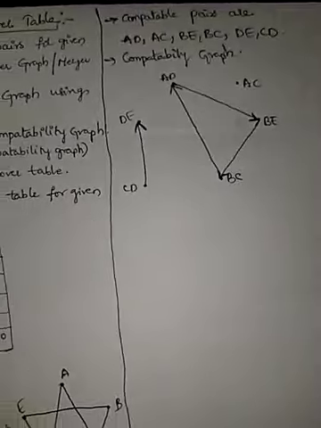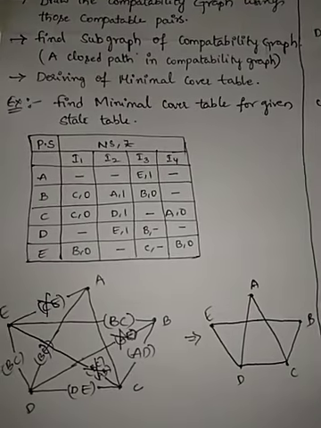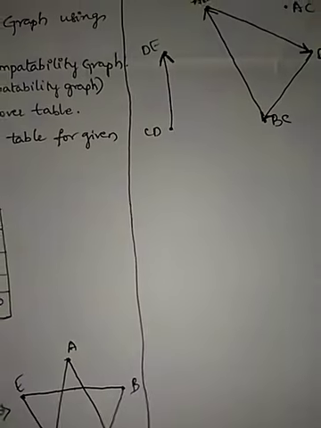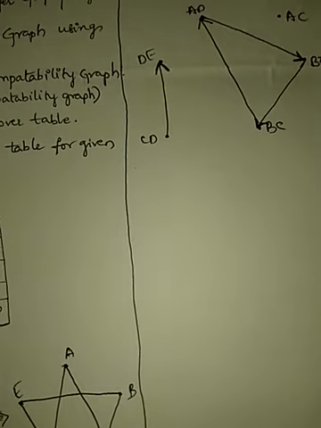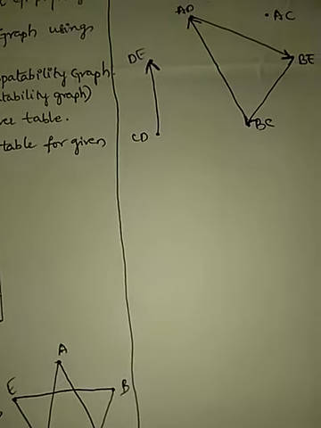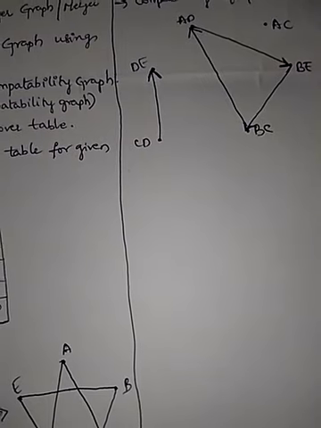As CD is depending on DE in the diagram, CD is compatible only when DE is compatible. That's why CD is drawn towards DE. The arrow mark is very important. Don't replace the position of arrow marks. CD is compatible on DE, so CD should reach DE, not DE to CD. Don't draw the reverse position.